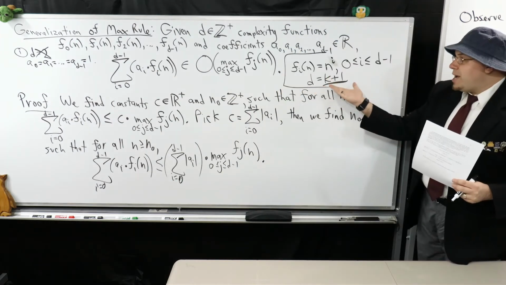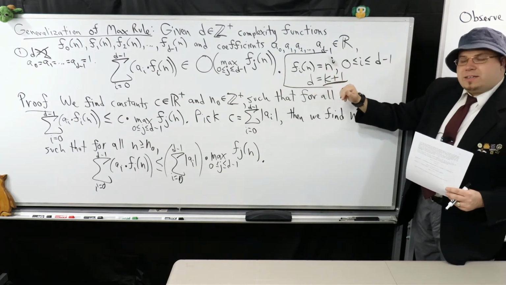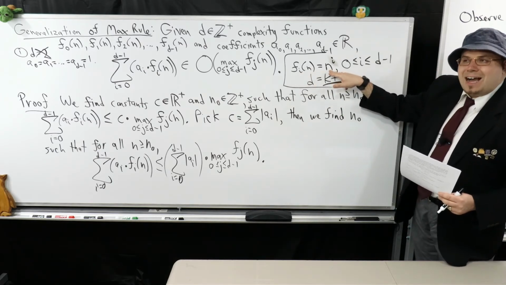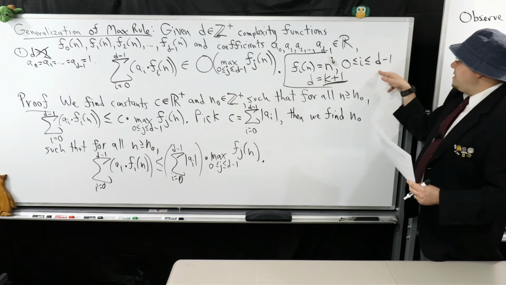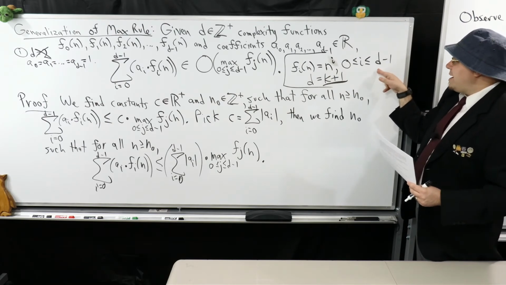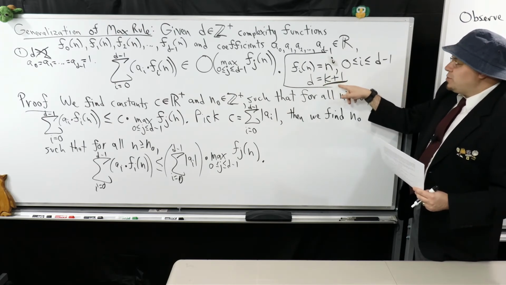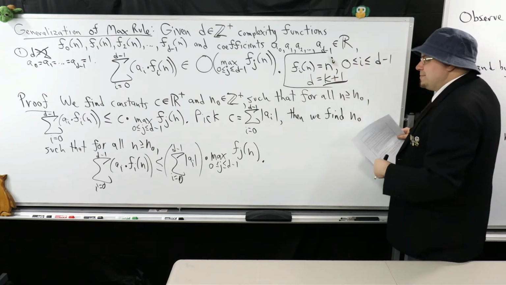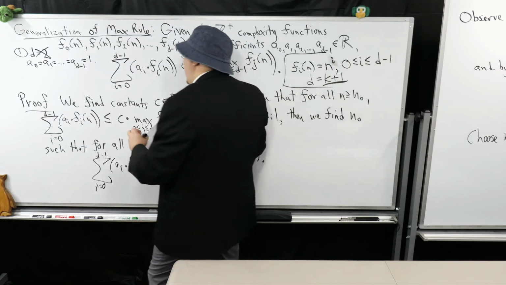So I want you to imagine I give you a complexity function of the form fi of n is going to be equal to n to the I. And I do this for each one of these values of I, where I've assigned d to be k plus 1. If we try writing this out in terms of that, I want you to see very quickly what happens.